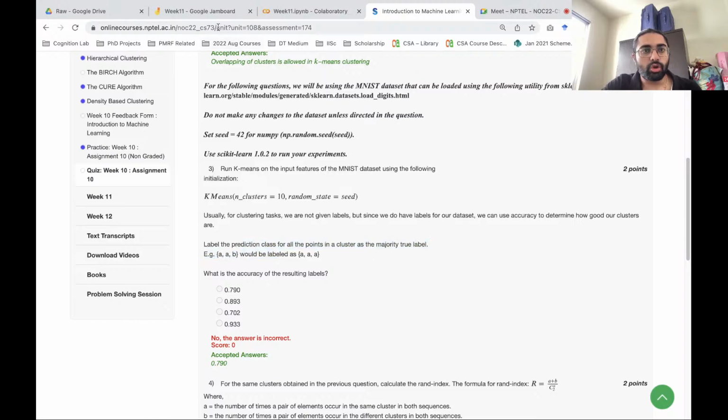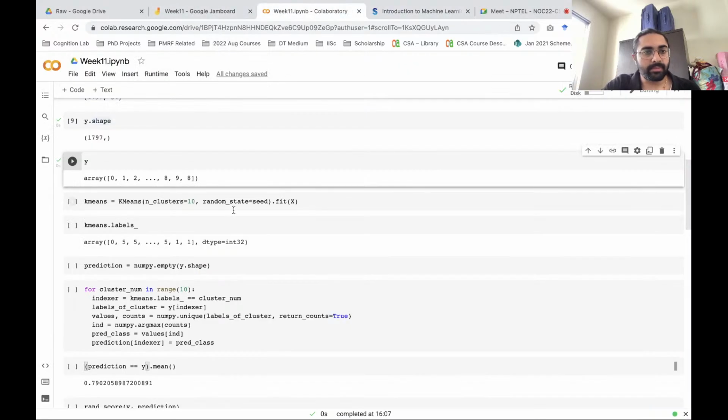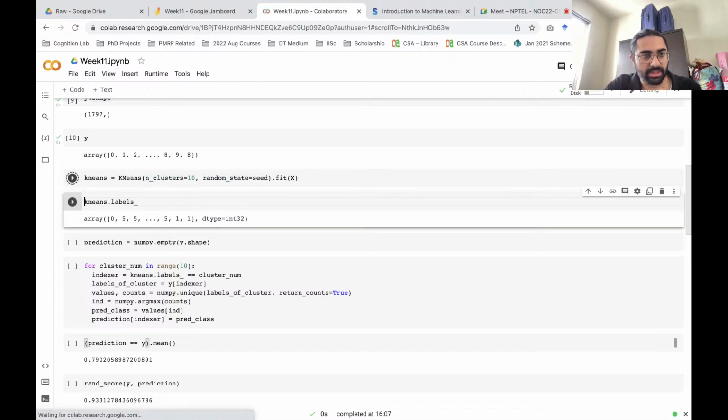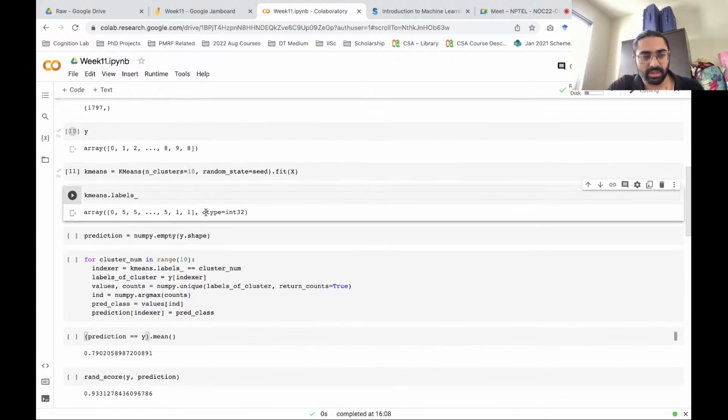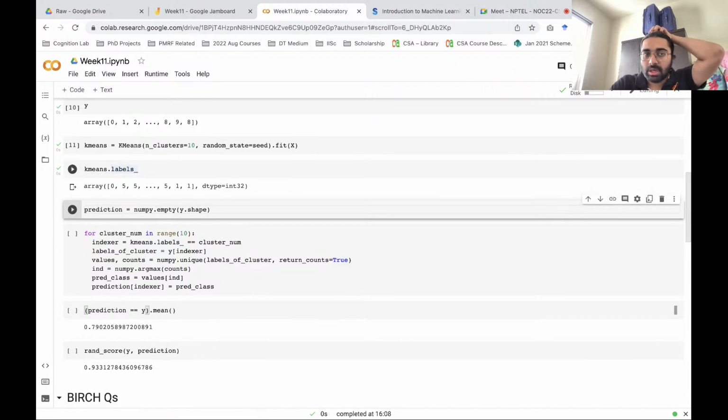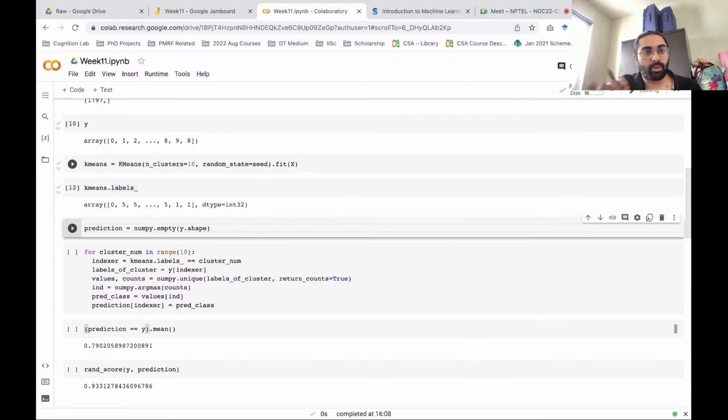All right. So here in clusters you have 10, random state equal to seed, and you fit the k-means on this. This basically learns your 10 clusters on this 64-dimensional data set. And labels tells you exactly which cluster number each point was assigned to.